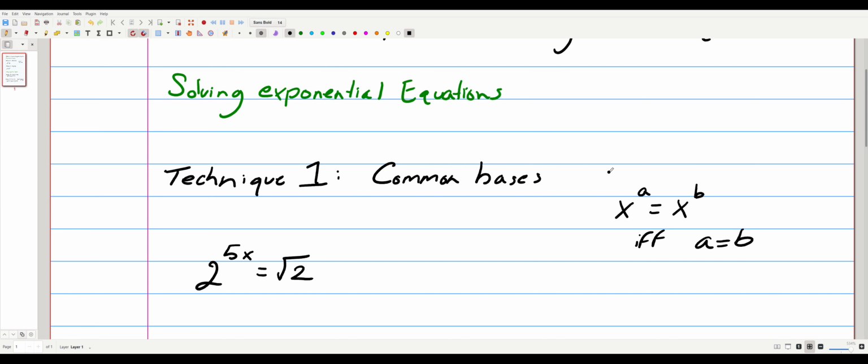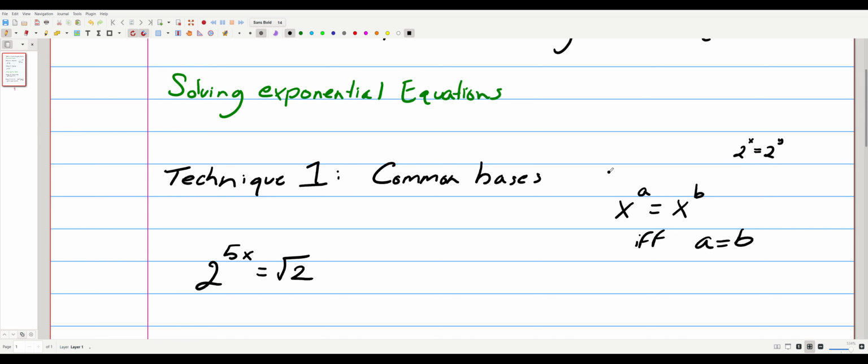All right, so this first technique, we're going to call it common bases, and it relies on the fact that x to the a is equal to x to the b if and only if a is equal to b. So, as an example, if we have 2 to some power is equal to 2 to some other power, well, this is only going to ever be true if the exponents are the same value, because remember that exponential functions are 1 to 1.